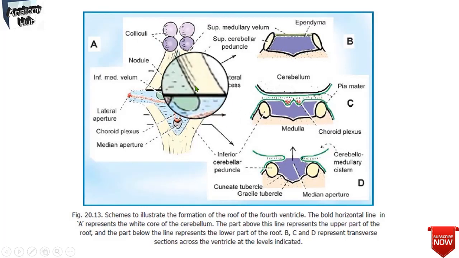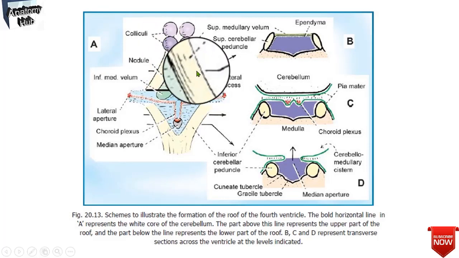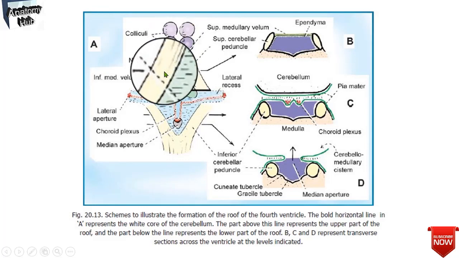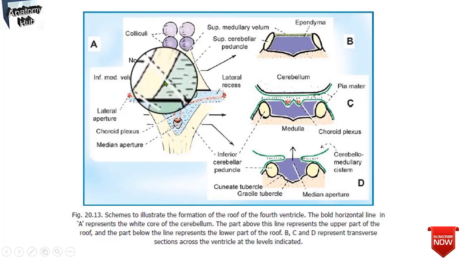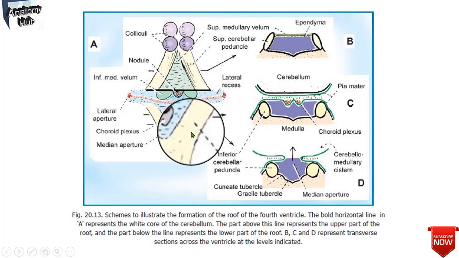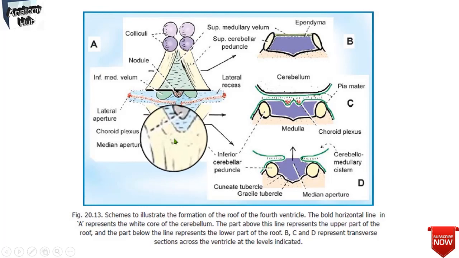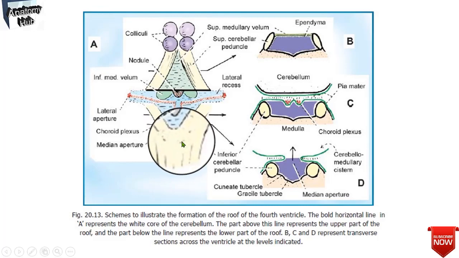Now in this picture we will see the lateral walls. The upper part of each lateral wall is formed by the superior cerebellar peduncle, and the lower part is formed by the inferior cerebellar peduncle and by the gracile and cuneate tubercles.